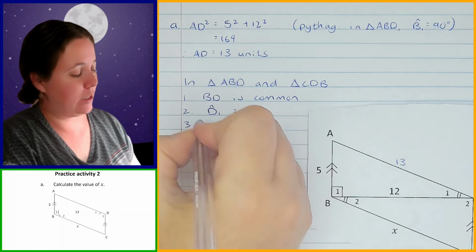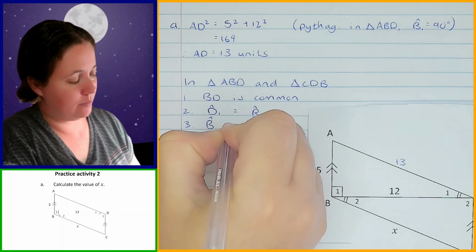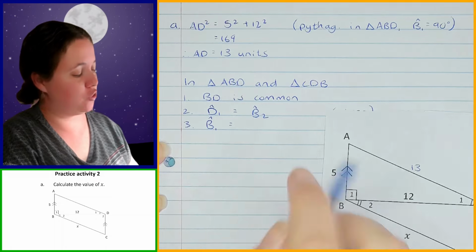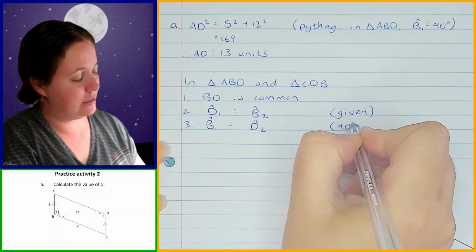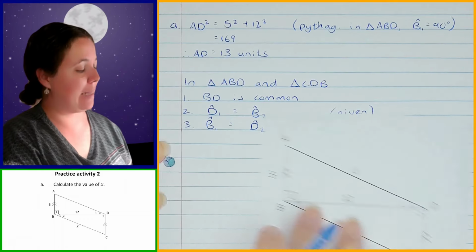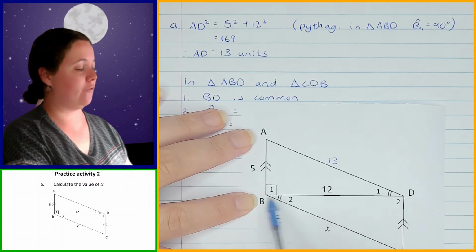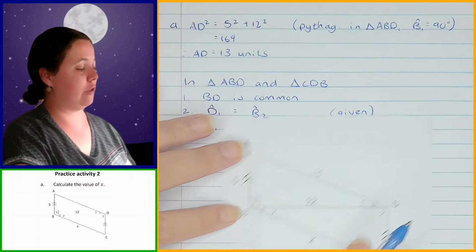So angle B1 is equal to angle D2, and they happen to be 90 degrees. And I know that they are equal because of alternate angles with AB parallel to CD.